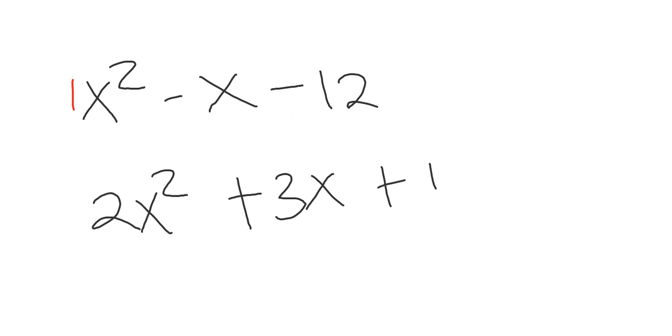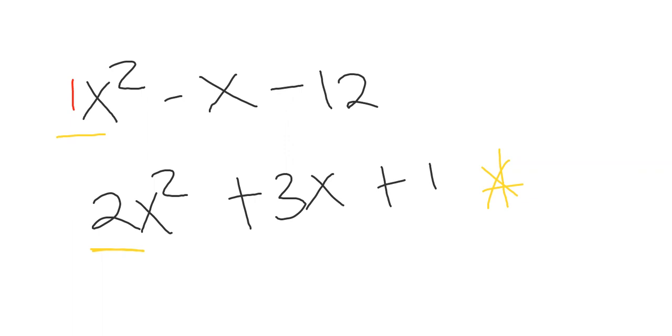So in the first expression, the coefficient is 1. But here, the coefficient of our x squared is 2. For this second type of expression, the coefficient can be any number greater than 1.